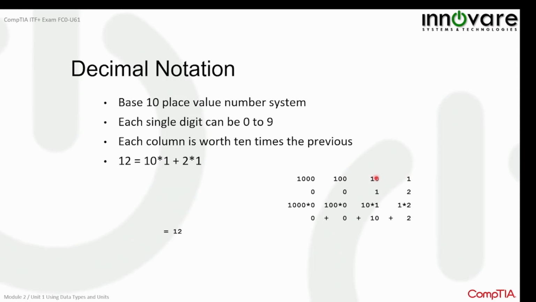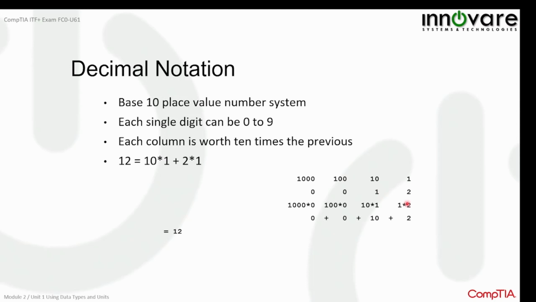So it's 10, and then 10 times 10 is 100, and then 100 times 10 is 1000. Now we write down the equivalent in decimal notation, base 10.